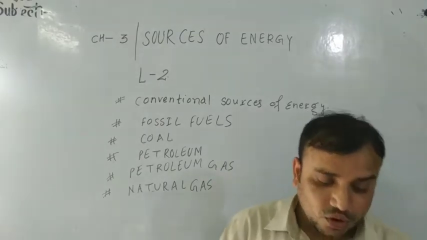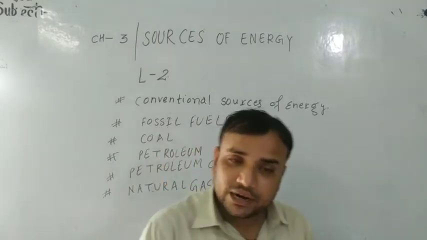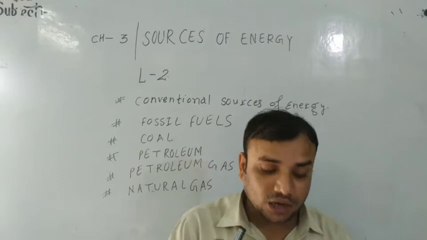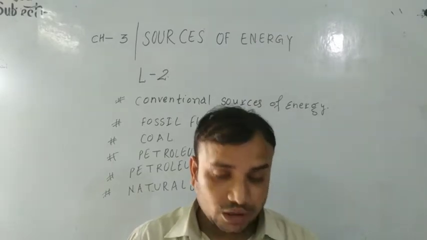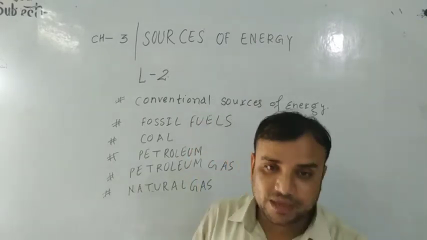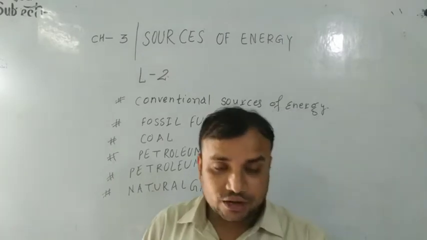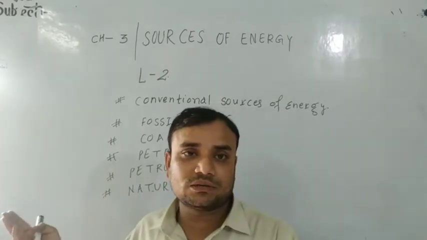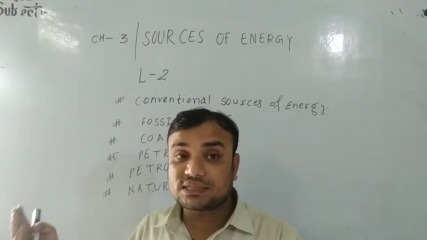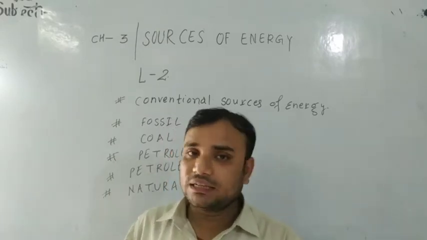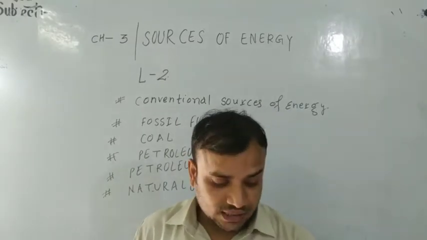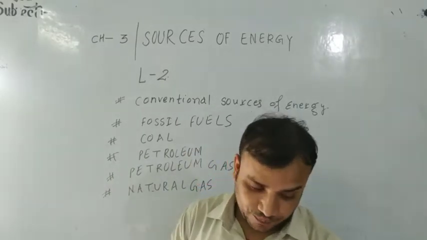Now dear student, what is fossil fuel? A natural fuel formed deep under the earth from the prehistoric remains of living organisms like plants and animals is called a fossil fuel.